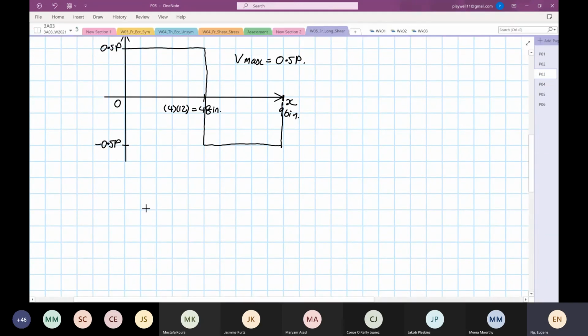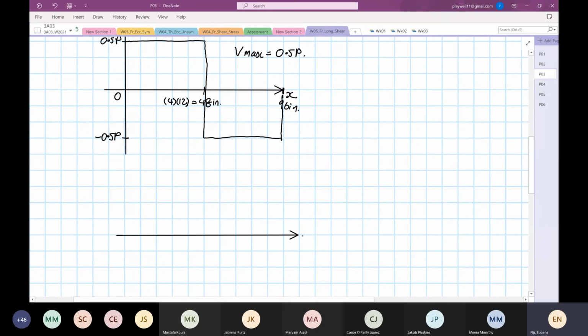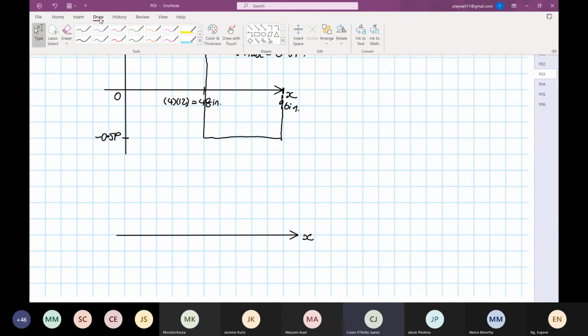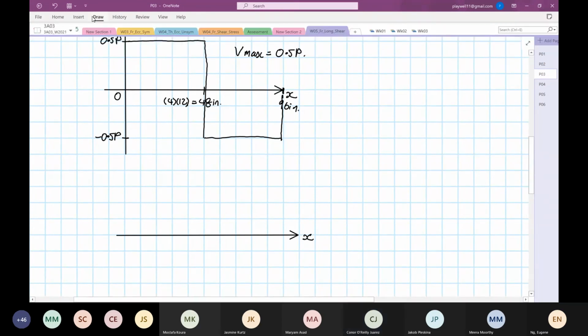Sorry, bending moment diagram. And for the bending moment diagram, I'm going to focus on the positive only. Any idea why I only focus on the positive on the bending moment? Any idea, anyone? Because the positive should be equal to the negative, and it's just the magnitude you need to worry about right now. No, but why? We have to be careful with that, okay?